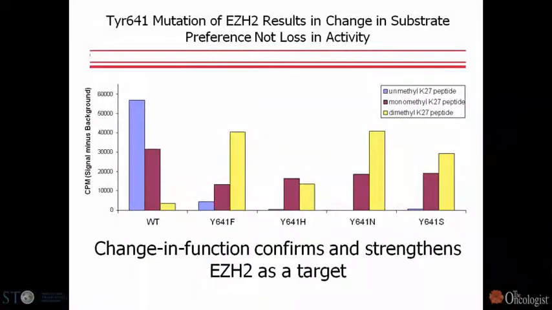So if we look at activity against an unmethylated peptide, we see that the wild type has robust activity. This phenylalanine mutant has a little hint of activity. All the others are dead. If we look at a peptide that is monomethylated on K27, now the mutants start to show some activity, and a dimethylated peptide at K27 shows robust activity for the mutants, whereas the wild type is almost dead.